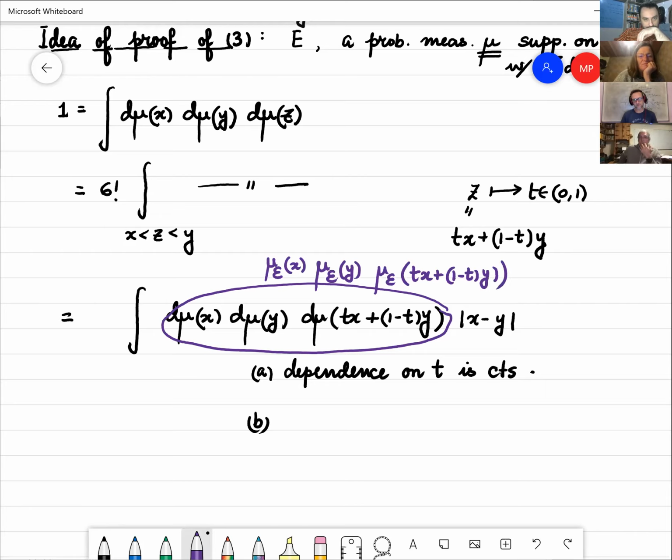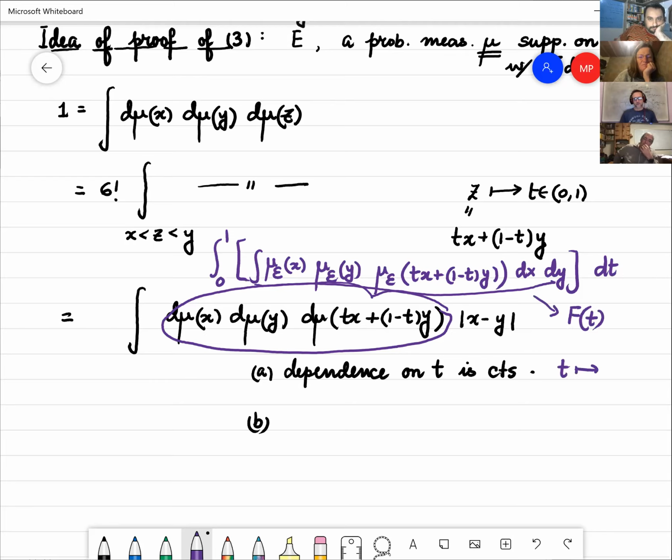And then we have dx dy as the inner integral, and on the outside we have a dt. And what I'm claiming is that this function, this inner integral f of t, is continuous in t. So t to f of t is a continuous mapping.